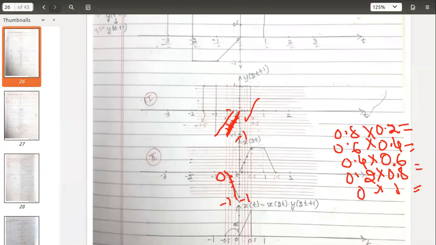You will get 0.16 here also and here also. Next, 0.6 into 0.4 is 0.24. 0.24 here also and here also same.